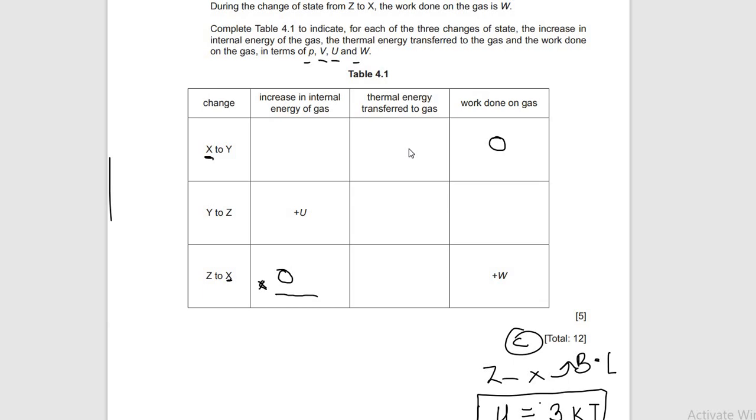Since this increase in internal energy is like a loop from X to Y to Z, then Z to X, from X back to what?